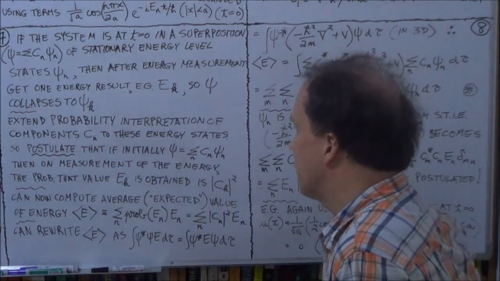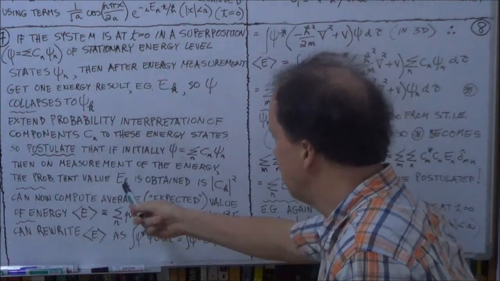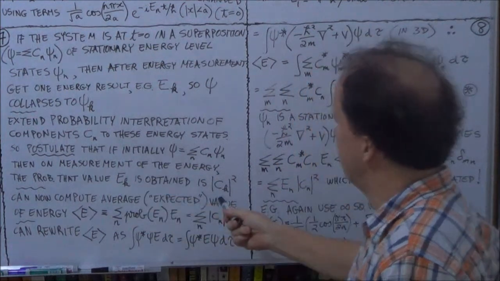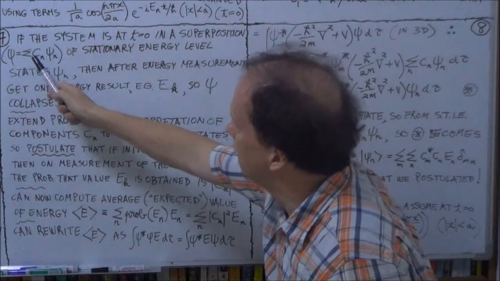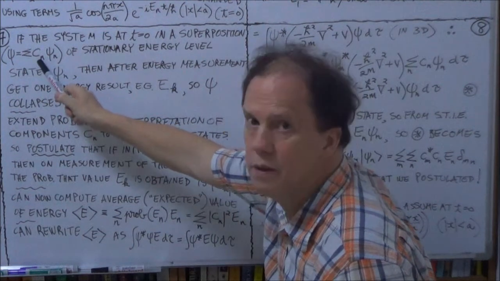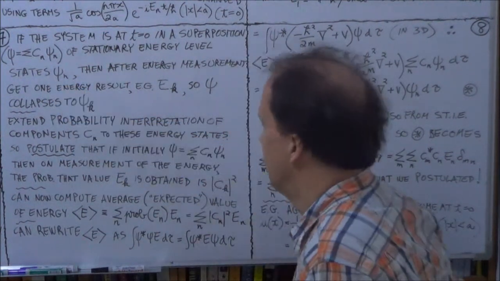Okay, so assume the probability of measuring E_k is C_k squared, where C_k is just one of your coefficients in your superposition.